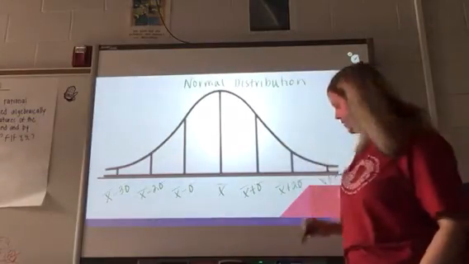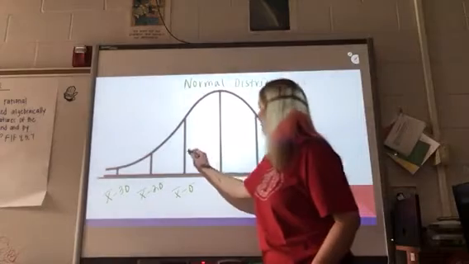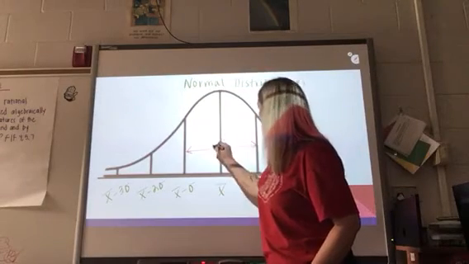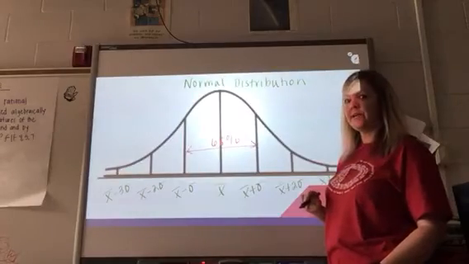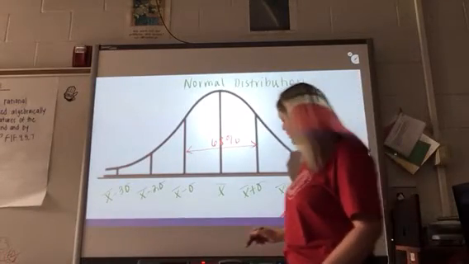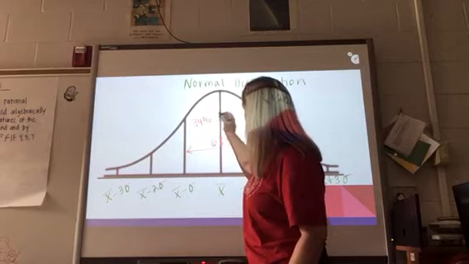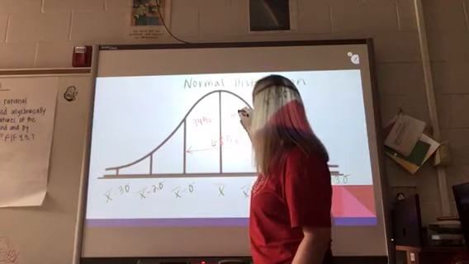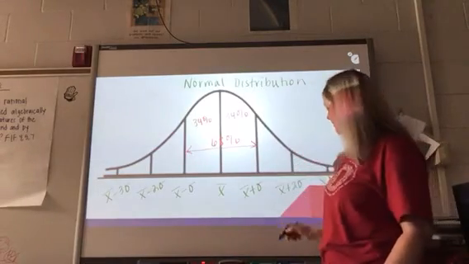Okay, we got some more values to talk about. We know that within here represents 68% of the data. So since these two sections are symmetric, this section's 34% and that section is 34% of the data.